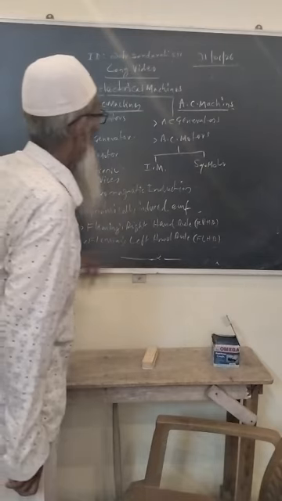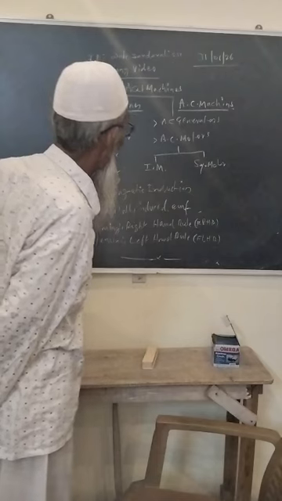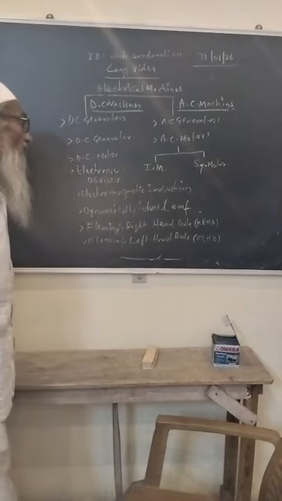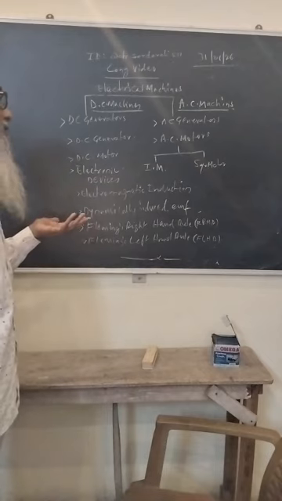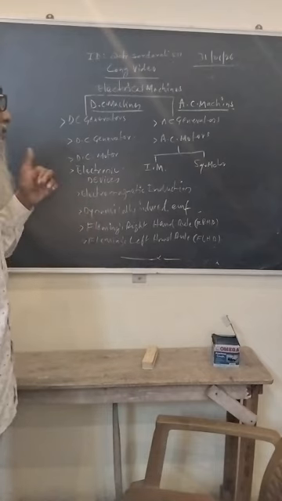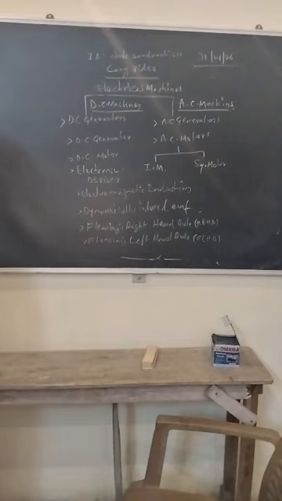What are the AC machines? AC generators and AC motors. The broad classification of the AC motors are induction motor and synchronous motor, maybe single phase or two phase, three phase you will be having depending upon the type of the construction and type of the use.